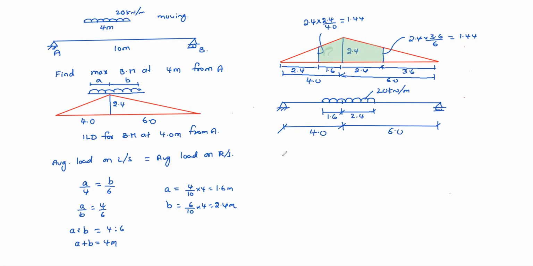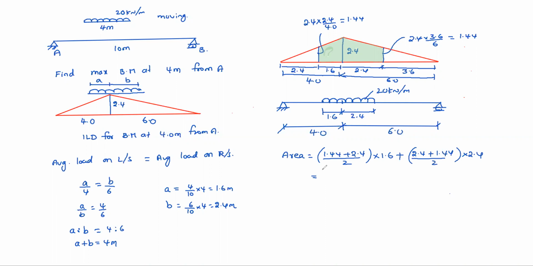So area equal to two trapeziums, right? 1.44 plus 2.4 by 2 into width 1.6, plus 2.4 plus 1.44 by 2 into 2.4, which is equal to how much?